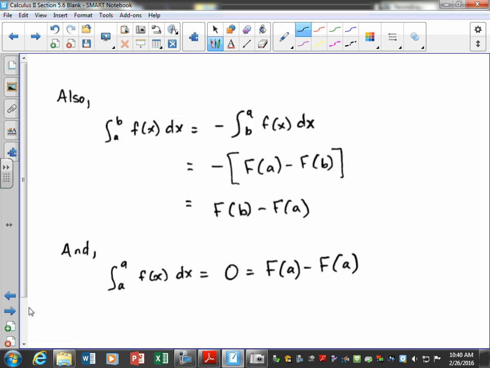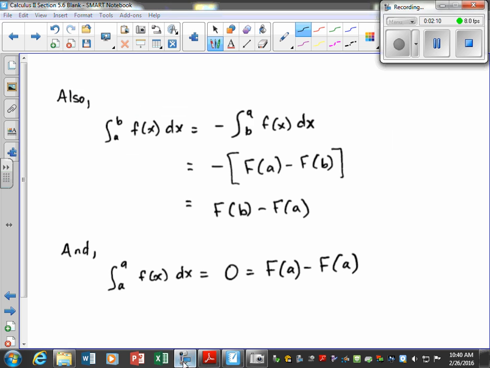I also want to remind you about some properties we talked about. Remember, if the order of your limits is reversed, from b to a instead of a to b, then a negative sign comes out front, and I showed you an example of that in the last class period.